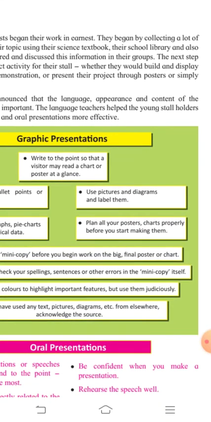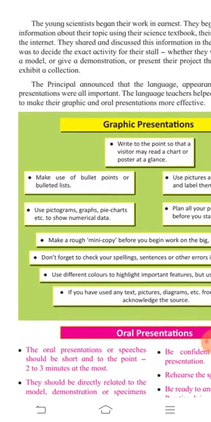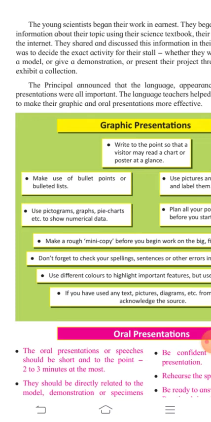So this also can be done, that you can simply put posters of whatever is the scientific idea behind your project. So you just present your project through either posters or maybe an exhibit or a collection. That means on a poster you will be putting certain collections by putting some pictures and some ideas, right?